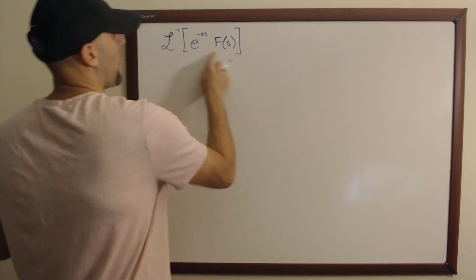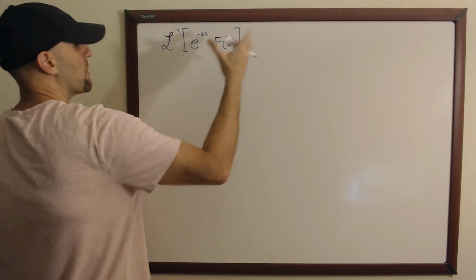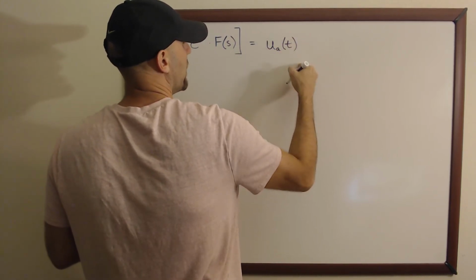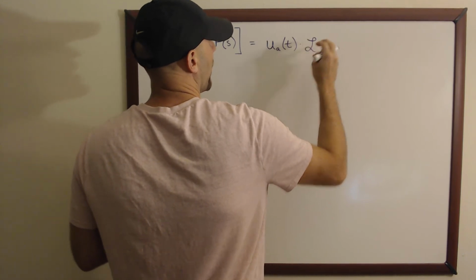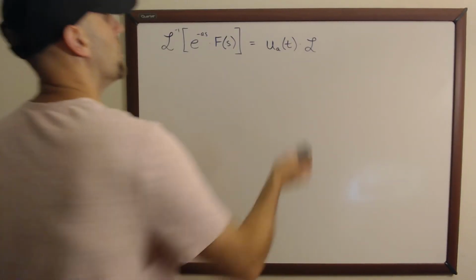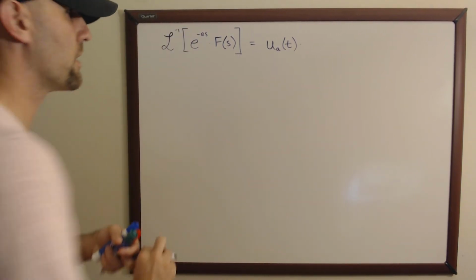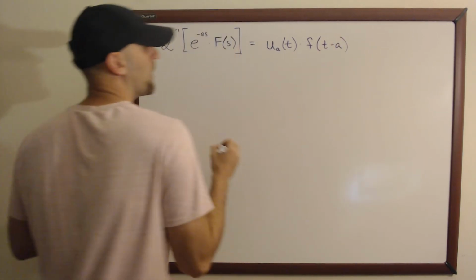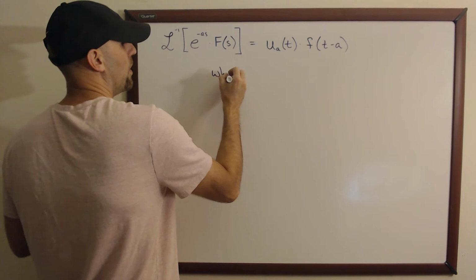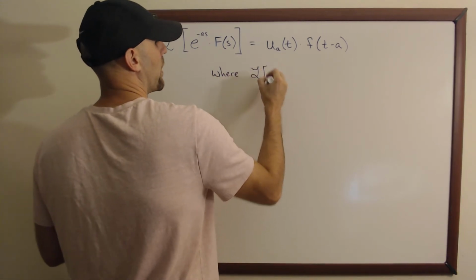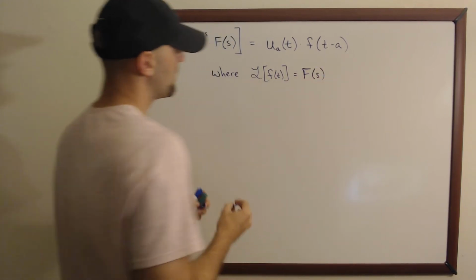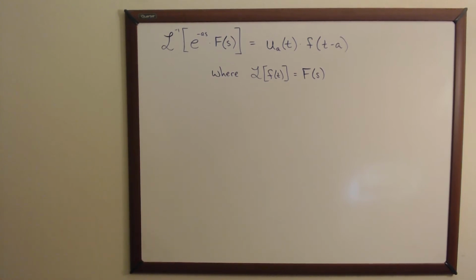So this is e to the negative as times the Laplace transform of something. This is just equal to u sub a of t times, well, I'm going to write this in terms of f. It's just easier. f of t minus a. Okay? So where the Laplace transform of f is capital F of s.